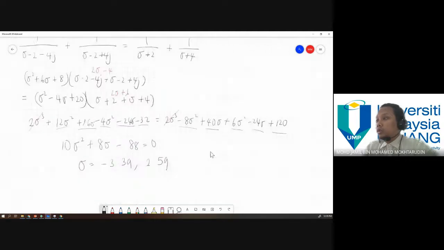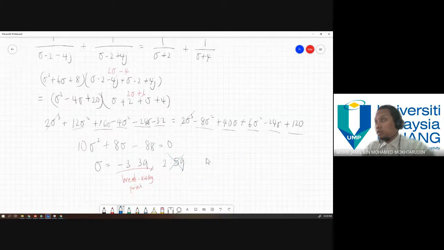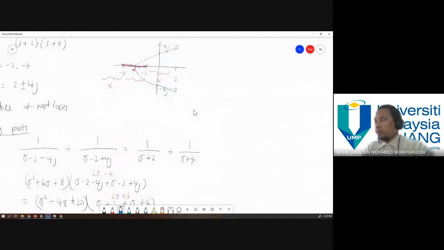So we choose this one. This is our breakaway point, but this one is not. Okay, so we get our breakaway point.